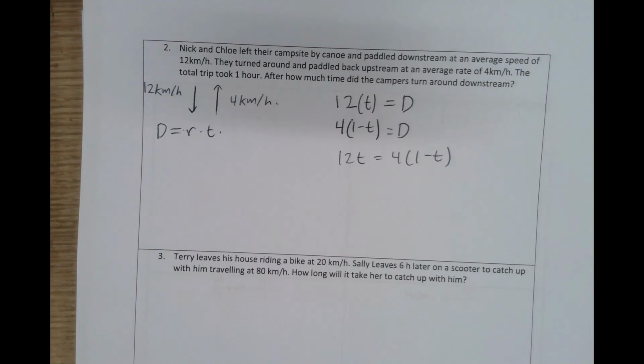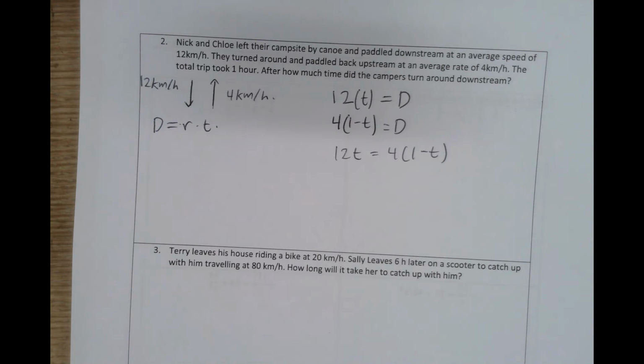For Sally it's 80 kilometers an hour times 2 hours, and for Terry it's 20 kilometers an hour times 8 hours. So for this one, the big clue is to understand that the distance they covered was exactly the same. Going downstream versus upstream, they have different speeds, but they covered the same distance.